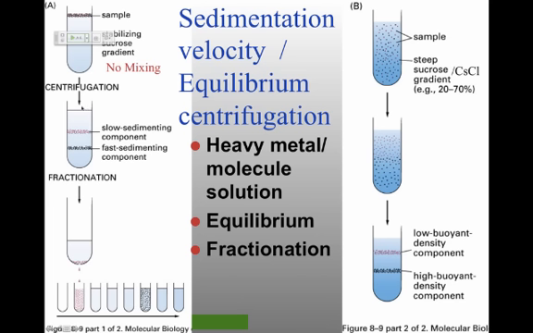Once you've spun this for a certain period of time, you make a little hole in the bottom of your tube, and you just collect from the bottom towards the top. This tube over here represents what came out of the bottom right here, the next tube what came out next, and so on. People will call each of these a fraction, just as if you were taking slices off the bottom of this tube.